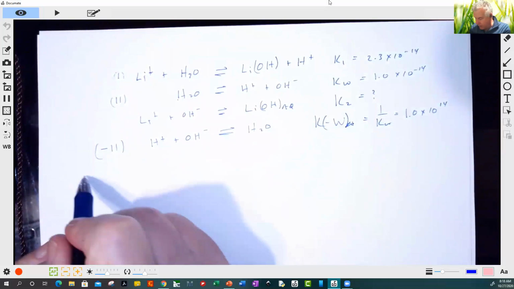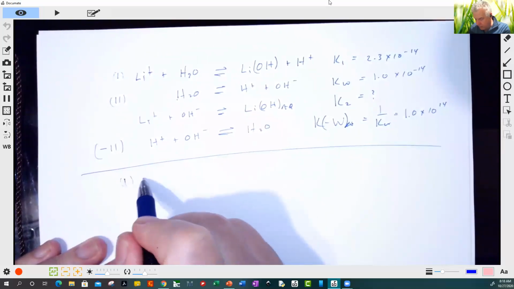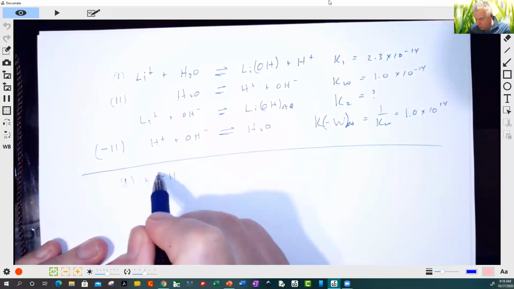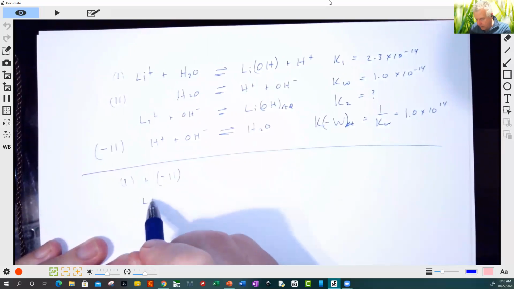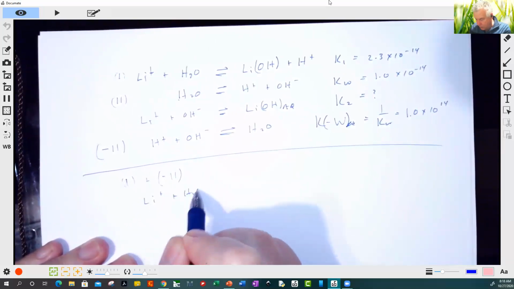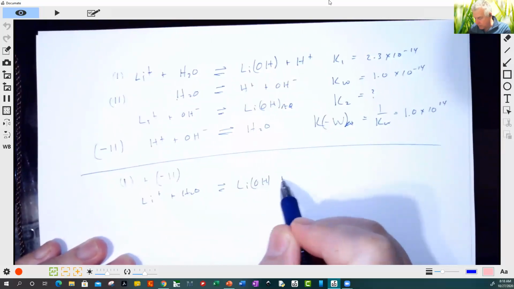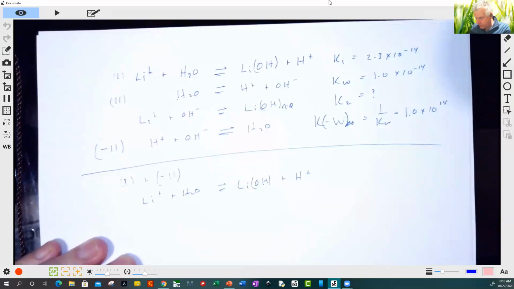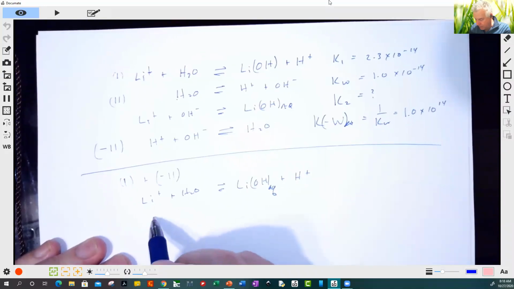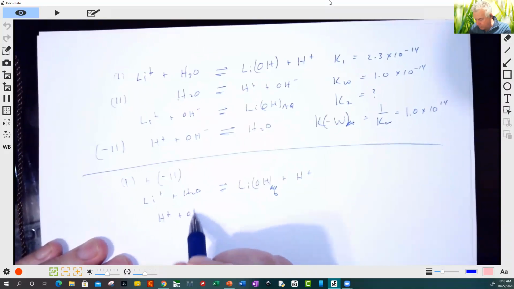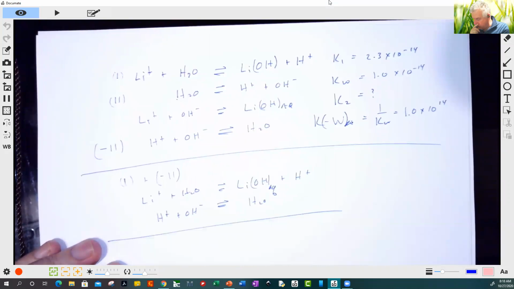So now if we add reaction 1 plus reaction minus 2, what we're going to have is Li plus H2O makes LiOH plus H plus. These are all aqueous. And then H plus OH minus makes H2O. I'm going to add these up.